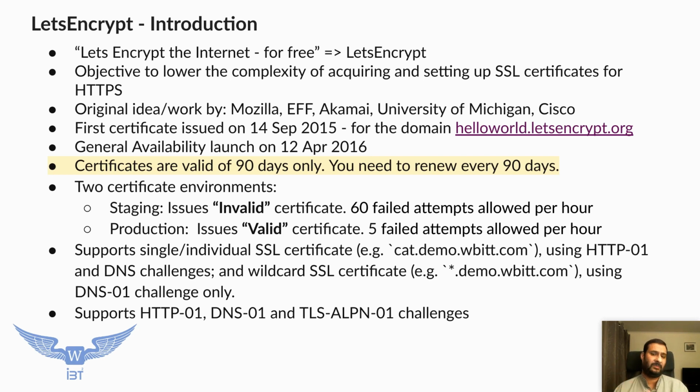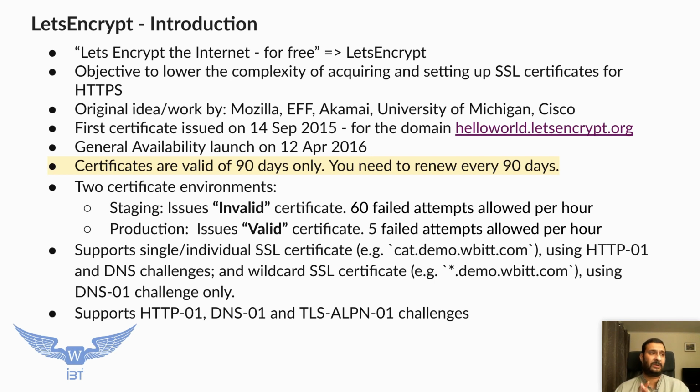The 01 beside these two words is the version number of this challenge. If they improve it, they will probably name it HTTP 02 or something like that. So for individual websites, like individual URLs or DNS names or FQDNs, which is fully qualified domain names, you can use HTTP challenge.